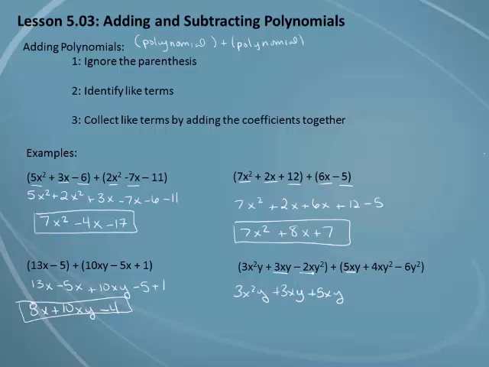And then I have negative 2xy squared and 4xy squared. And then I have 6y squared, which has no like terms. 3x squared y stays the same. 3xy and 5xy, 3 and 5 is 8. Negative 2 plus 4 gives me 2xy squared minus 6y squared.